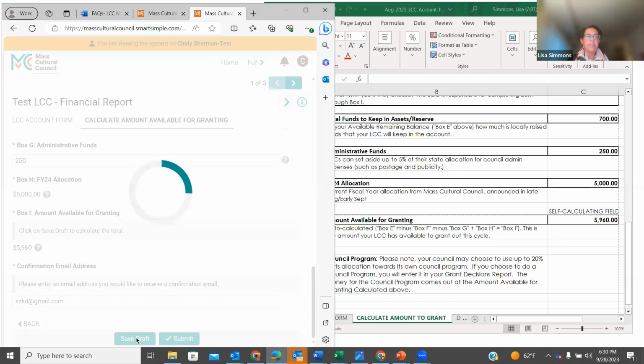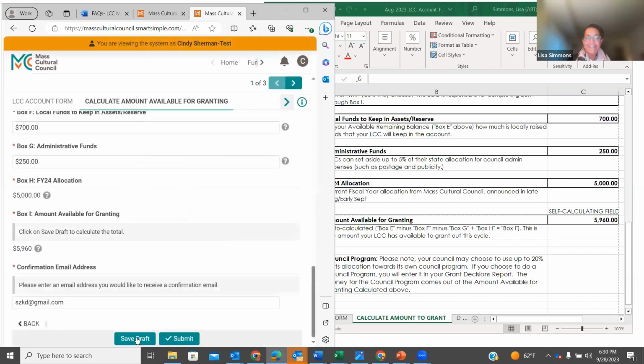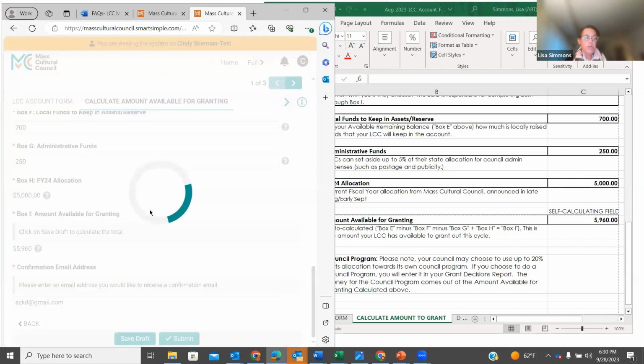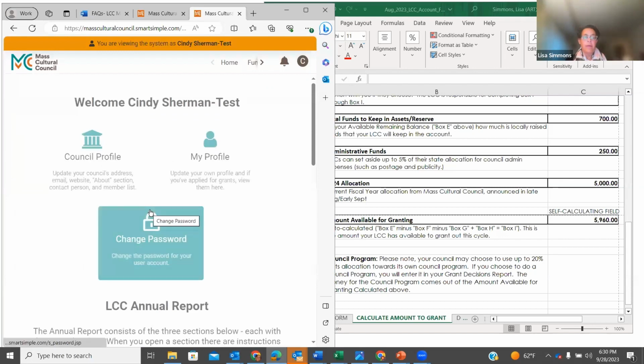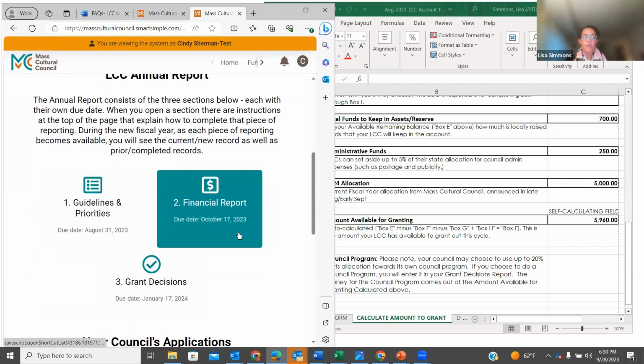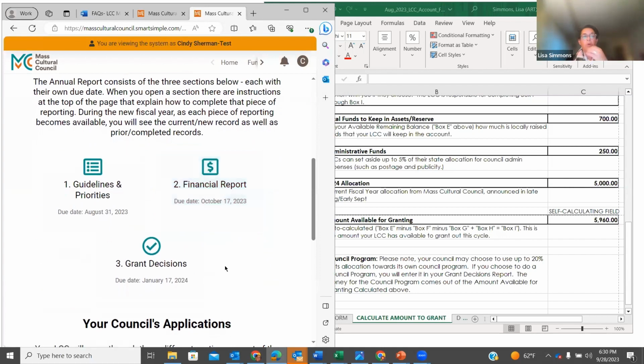You're going to save draft again because it's always great to save draft. And then you're going to submit this. It's going to ask you, are you sure you want to proceed with this? Are you sure you want to submit this? And you're just going to say yes. So now you know that you have the amount that you have for granting. And once you submit it, it's going to bring you back to your home page.